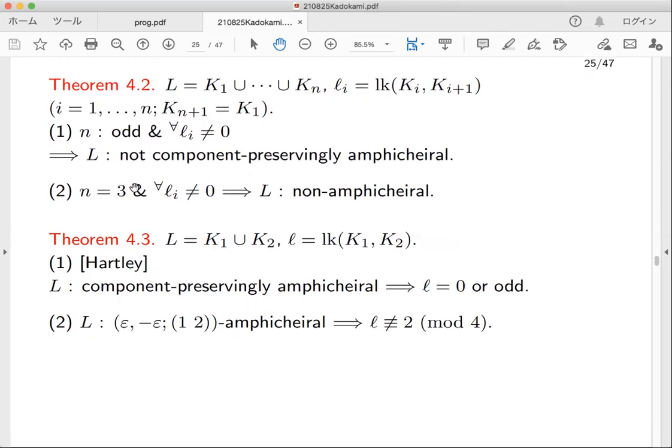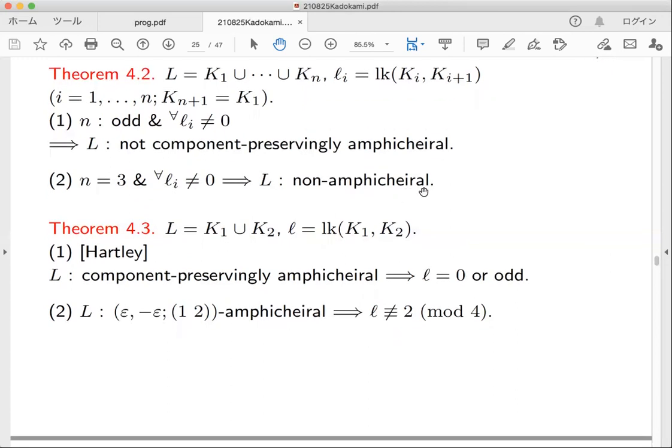The second: if n equals 3 and all li are not equal to 0, then L is non-amphicheiral. This is an easy observation by using linking number.